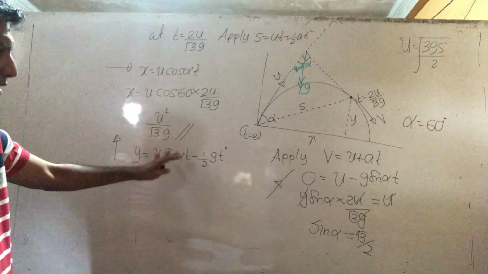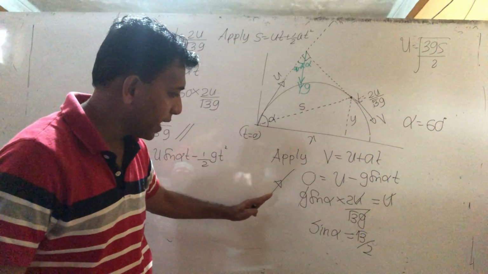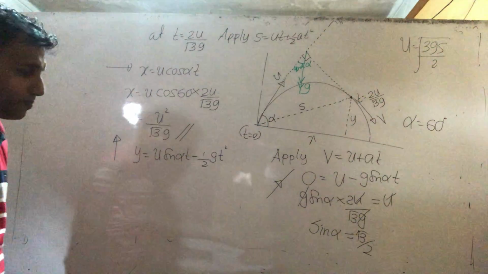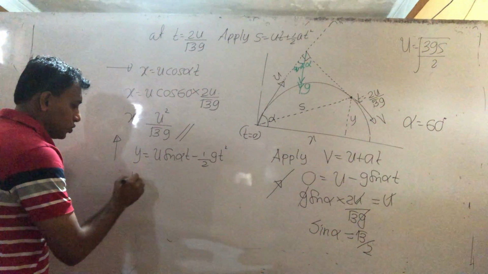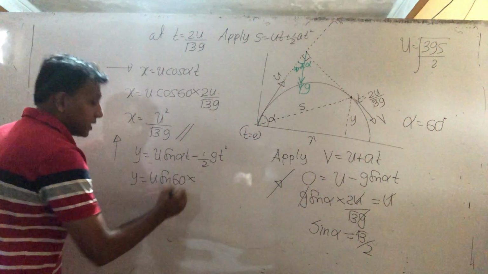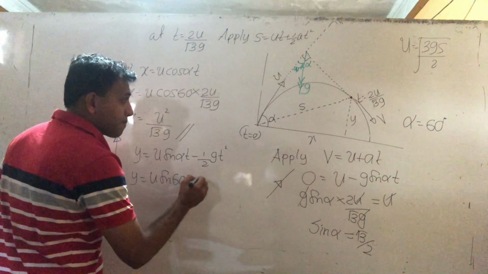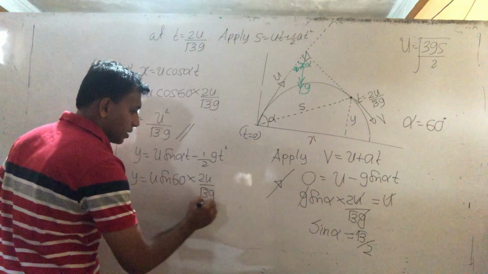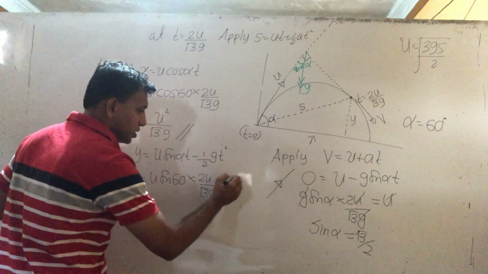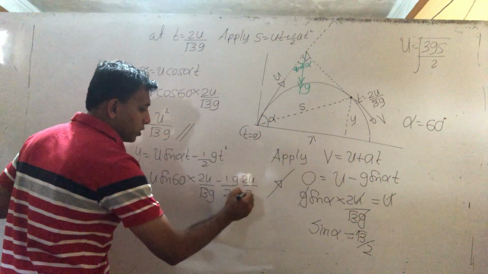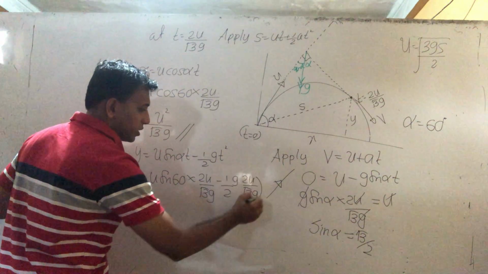This is the ordinary method, you are only applying along the original direction, right? So y equal what? U sine 60 times t equal 2u over root 3g, minus half g times 2u over root 3g whole thing square.